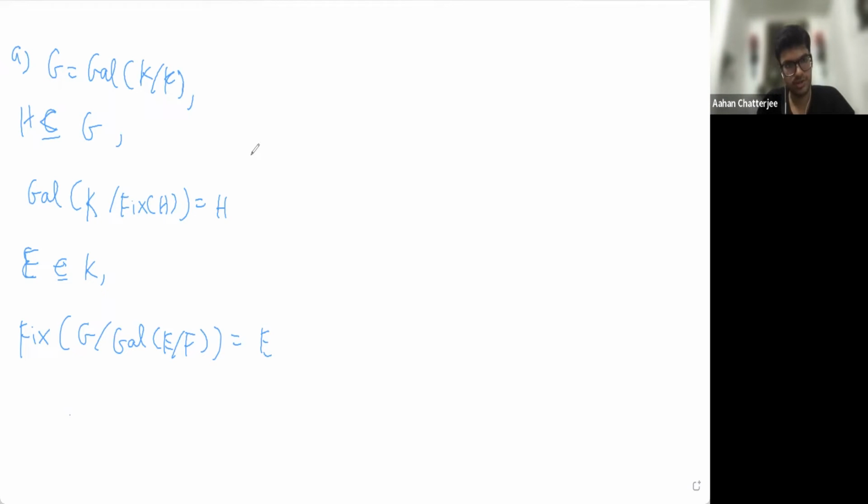Say the elements fixed by H are A1, A2, and so on, where the A_i are the elements fixed by everything in H, and K over Fix(H) is just the set of cosets.